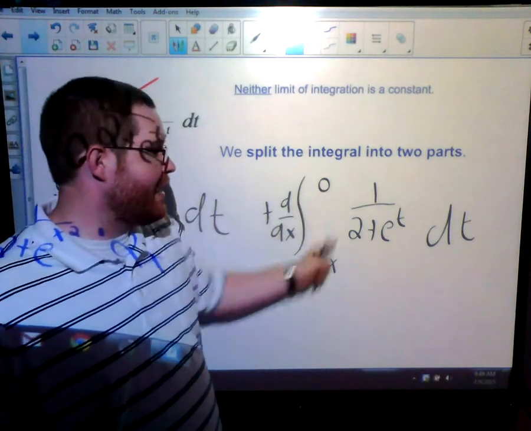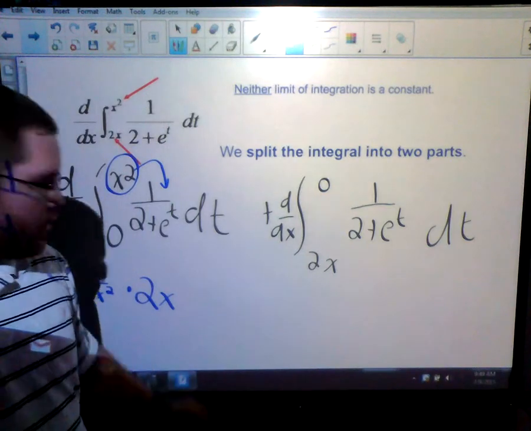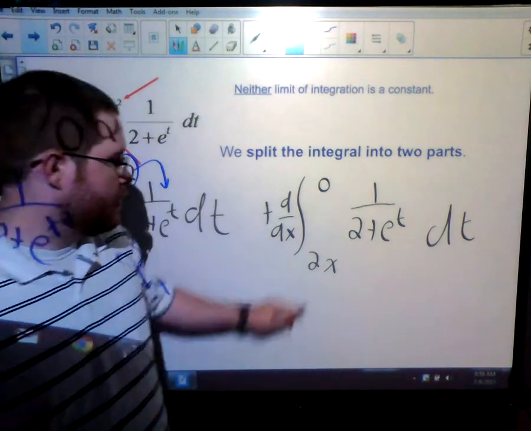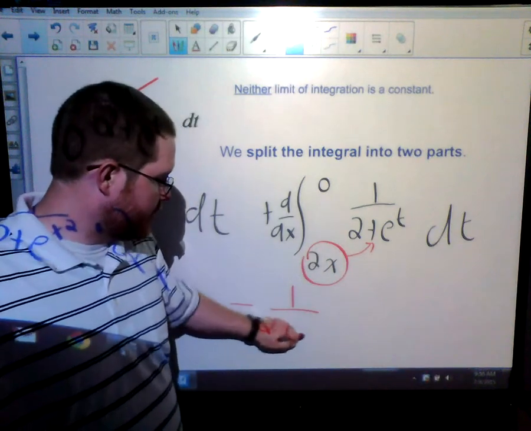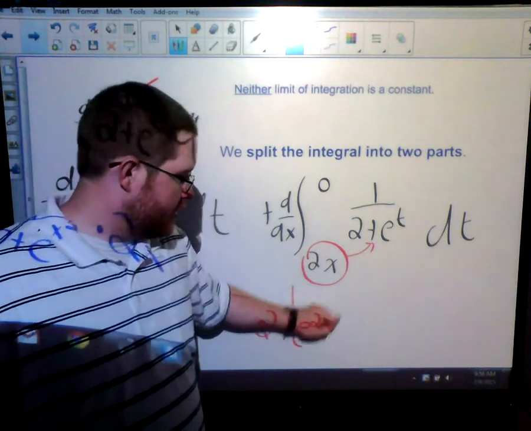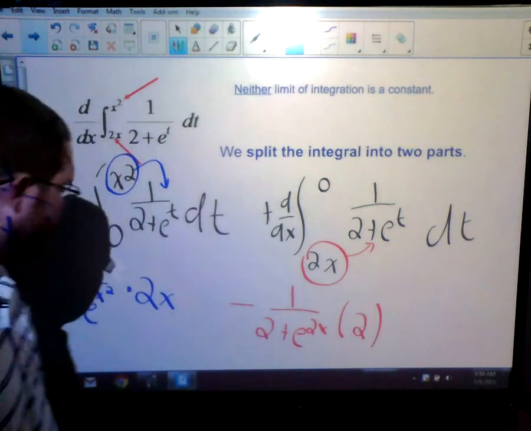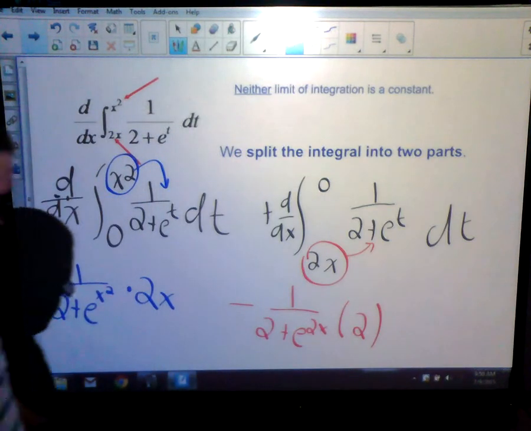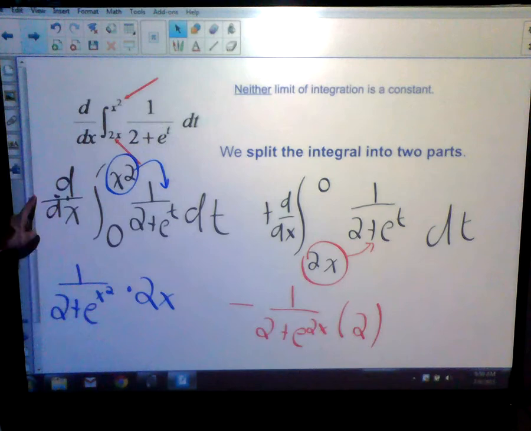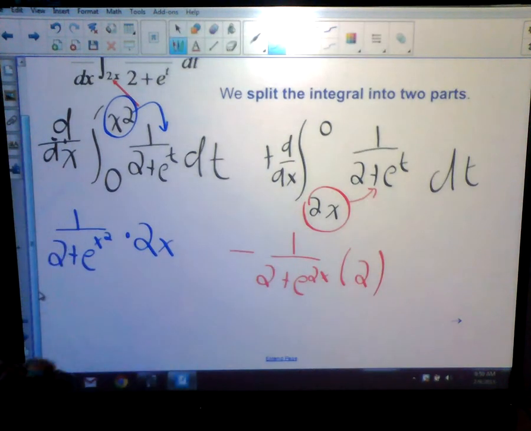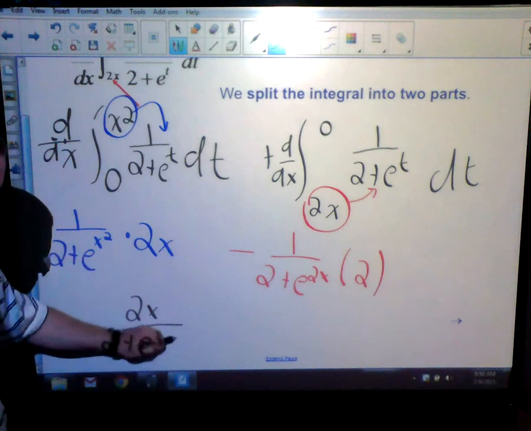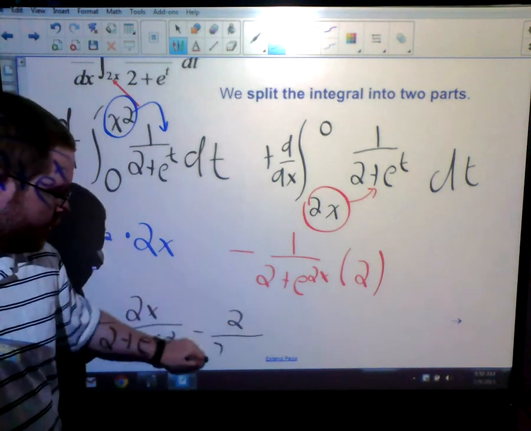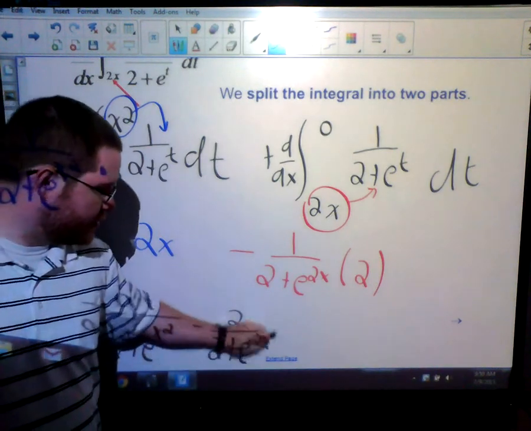This is okay, except it's backwards. So I've got to put a negative. Plug this in. 1 over 2 plus e to the 2x times 2 for the derivative of the 2x. Clean that up a little bit. That's 2x over 2 plus e to the x squared minus 2 over 2 plus e to the 2x.